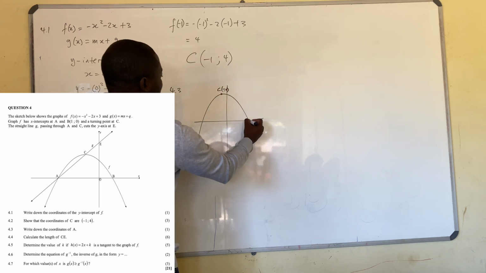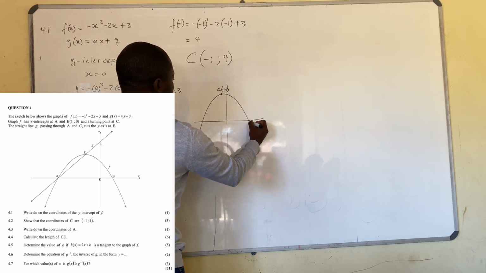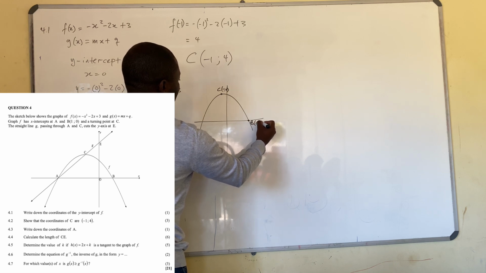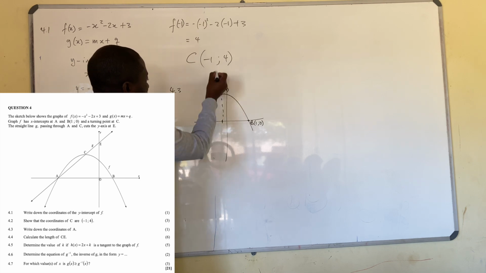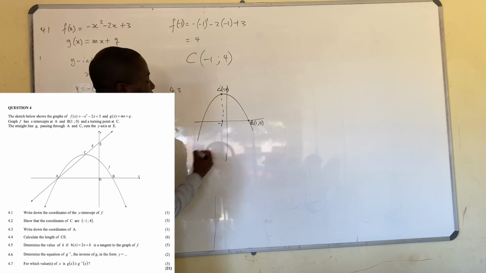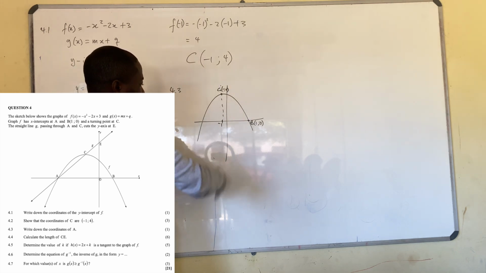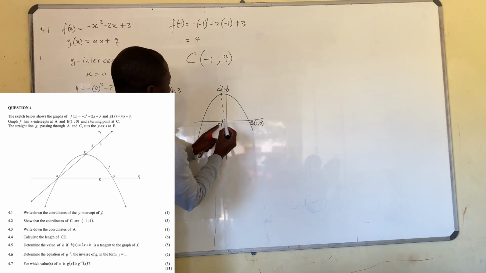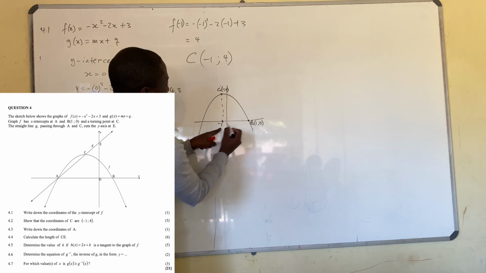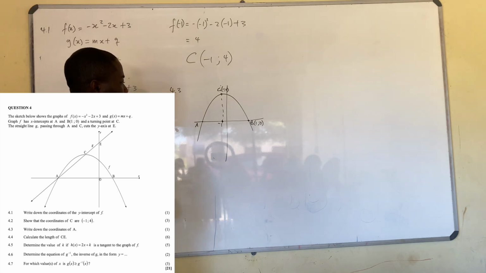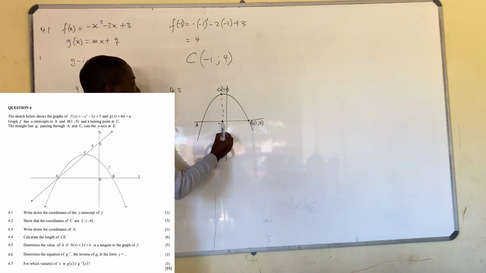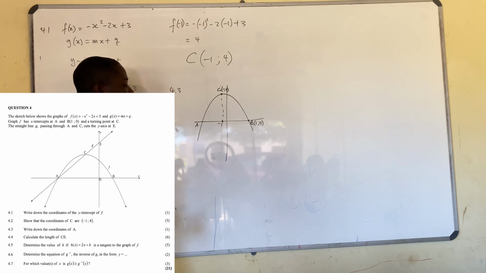We have coordinates of B. This is B, so what are the coordinates of B? Now, that means at the axis of symmetry, what is the equation of the axis of symmetry? What is x here? Negative 1, so it's x equal to negative 1. So the distance from this point to this point is the same as from here to A. From the axis of symmetry to B is the same distance from the axis of symmetry to A. A here, okay?